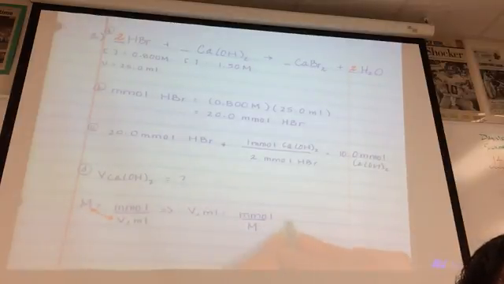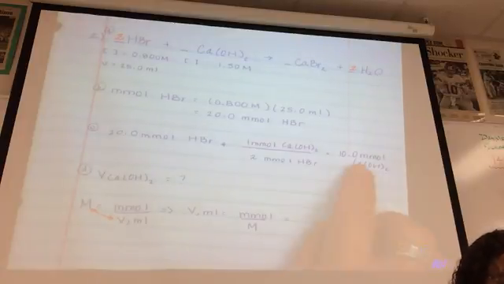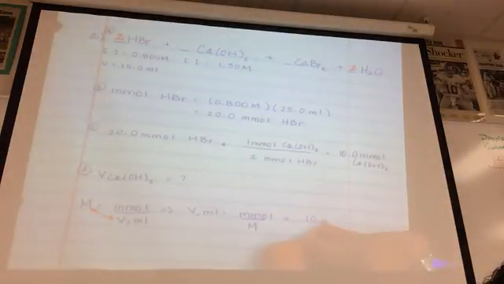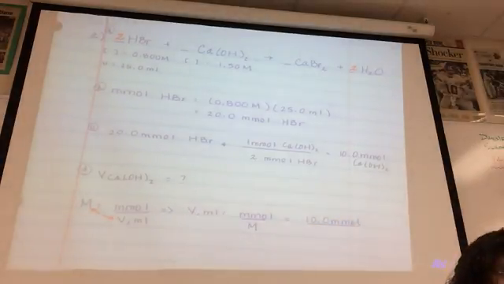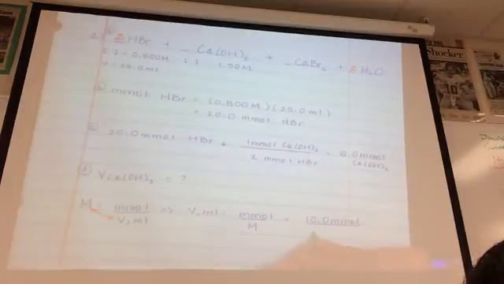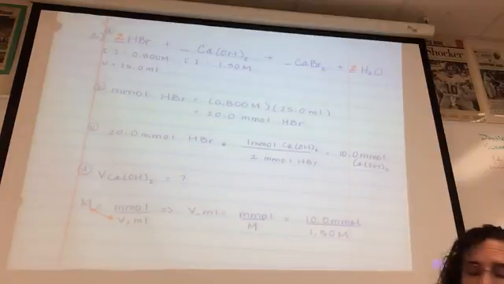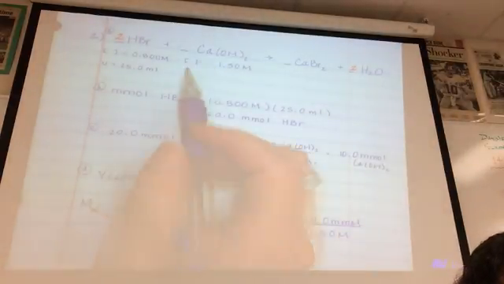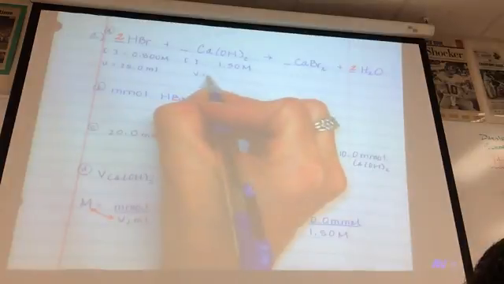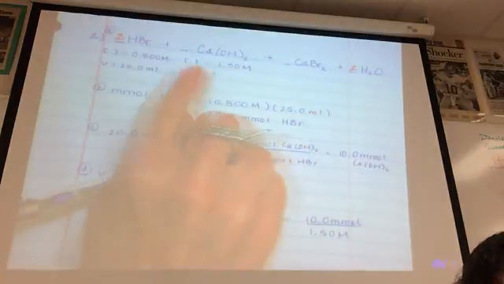So, do we have millimoles of base? Yeah, right there. What was the molarity of the base? 1.5 molar, right? Let's go back up to the top here. Here's our base. We were trying to figure out the volume. We were given the concentration.